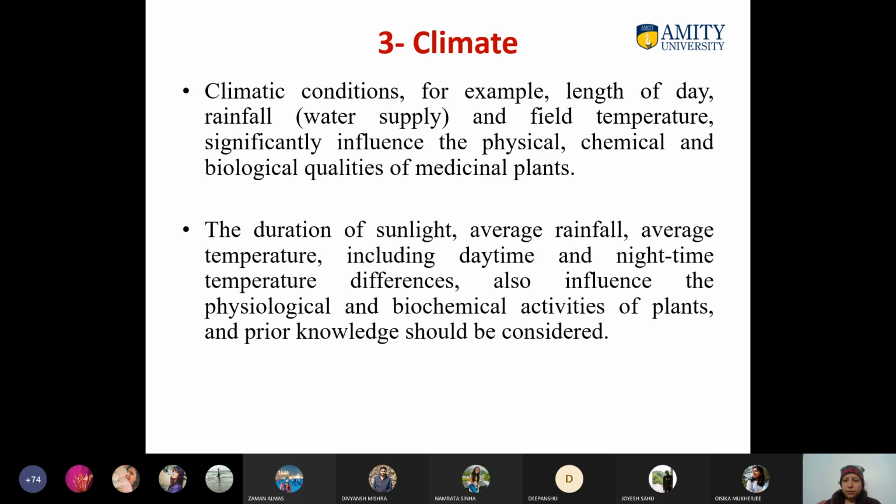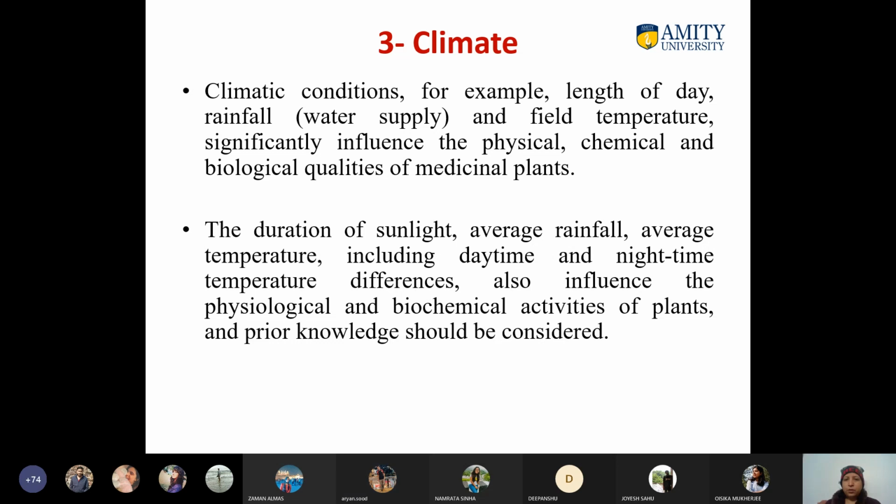Dolly Kumari. Dolly Kumari, are you there? Aryan Sood. So many students, they have just logged in to MS Teams and they have just gone. Aryan Sood. Yes, ma'am. Okay, can you see the slides?